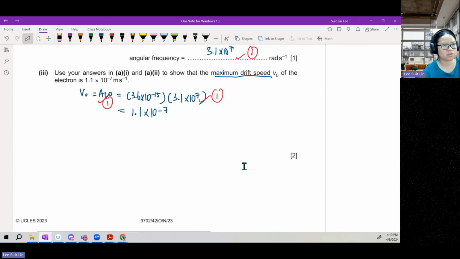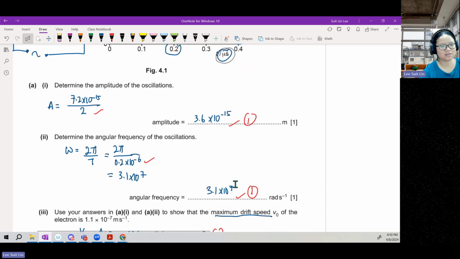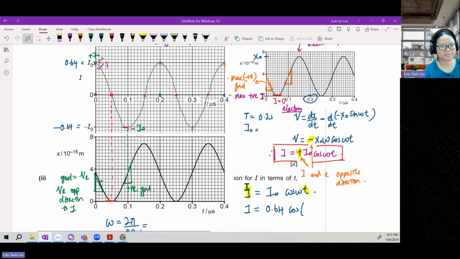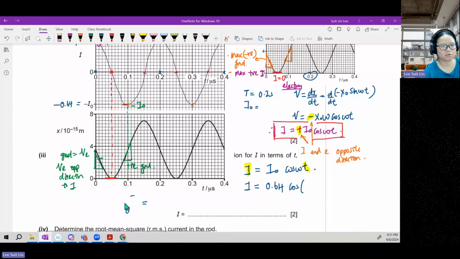Wait, I feel like we calculated this already. Yeah. 3.1 times 10 to the power 7. Okay, I said no need to calculate. 3.1 times 10 to the power of 7 t. So this is your equation. 2 marks. 1 mark is if your equation is in the form of I is I naught cos omega t.